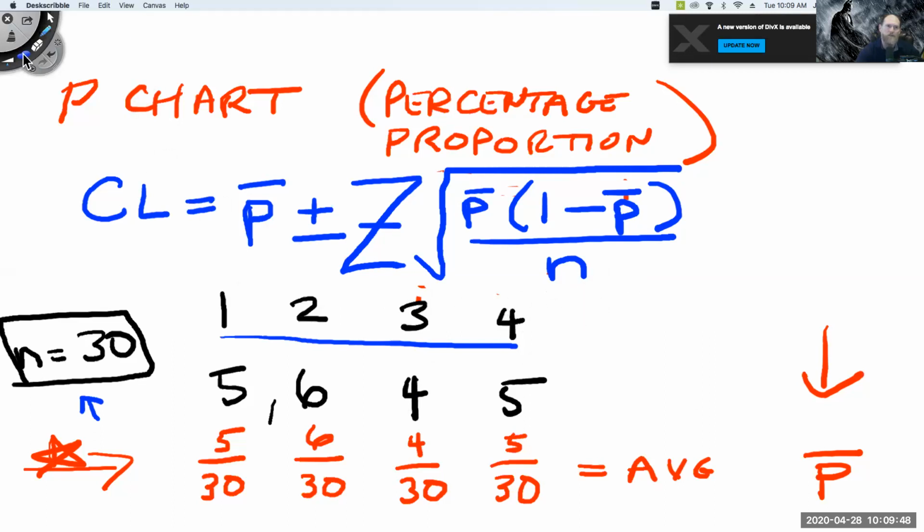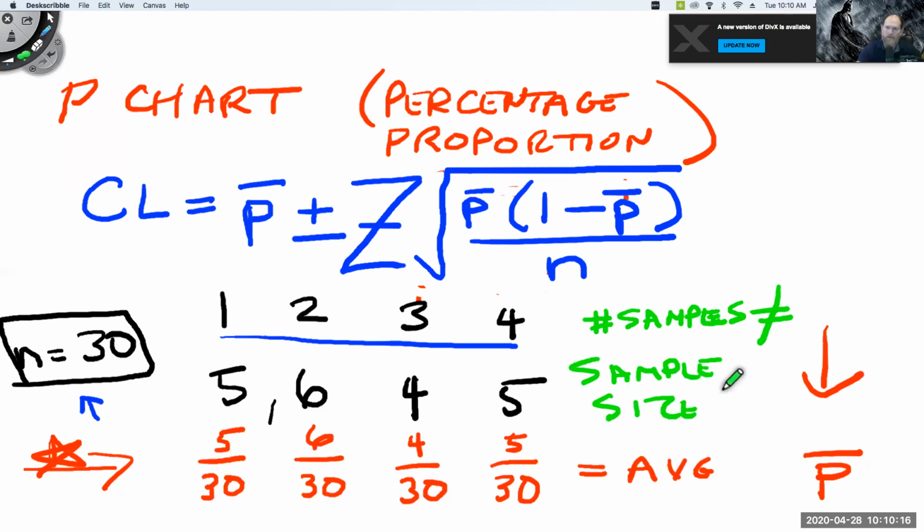Okay, so tattoo worthy. Learners have a tendency to want to do this, so that's why I highlight it. The number of samples is not the same thing as sample size N. They are not the same thing.